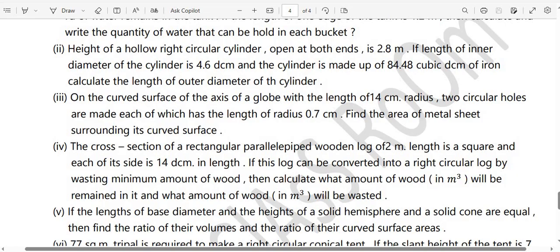If this log can be converted into a right circular log by wasting a minimum amount of wood, then calculate what amount of wood in meter cube will remain in it and what amount of wood in meter cube will be wasted.